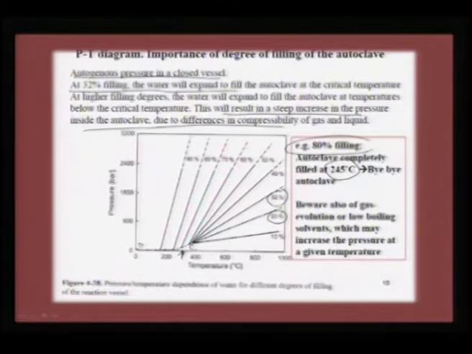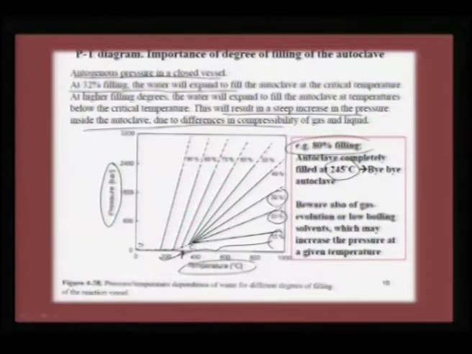So this pressure versus temperature plot gives you an idea. Suppose I am going to take only 10% of the filling, then I can play around with this whole regime of temperature, because the pressure that is achieved is highly controllable. So depending on the volume of the pressure vessel that you are taking, and depending on the nature of oxide that we are trying to prepare, we can play around with any one of these parameters.